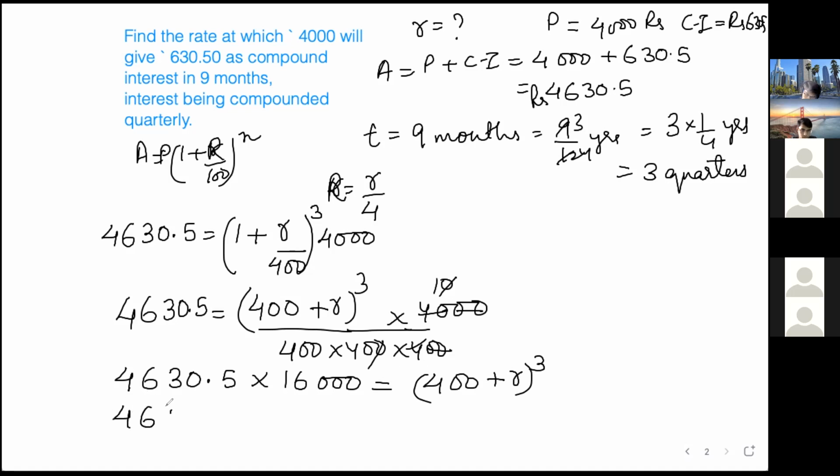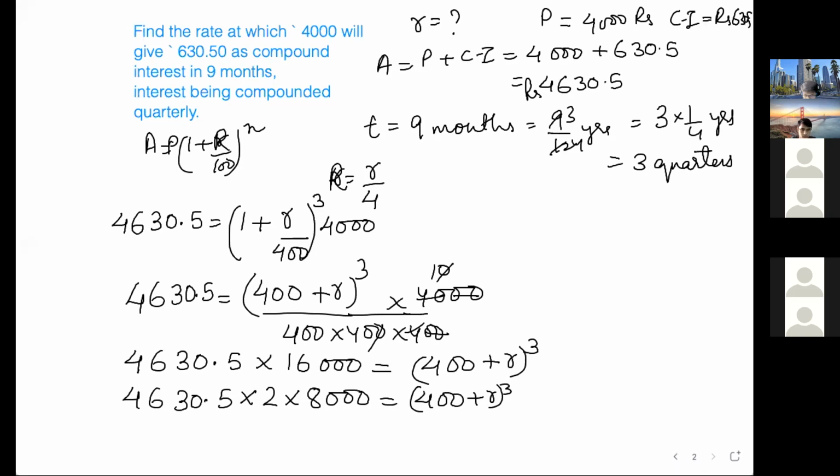Let us do 4630.5. We already know 1000 jo hai, I can write it as 2 into 8,000 is equal to 400 plus r का cube. Why I did 8,000 ना, because पता है कि ये 3 0 है, मतलब 10, इसका cube root 10 हो जाएगा. Okay, तो because next I have to find cube root only ना.